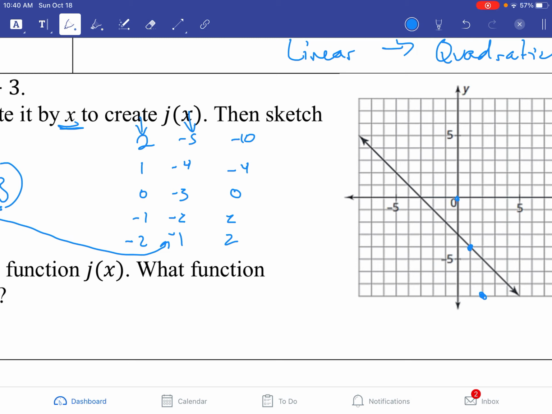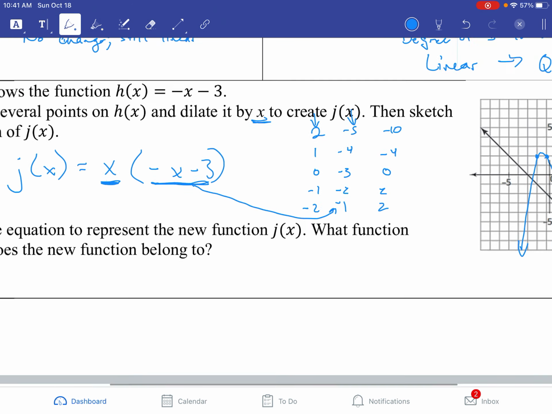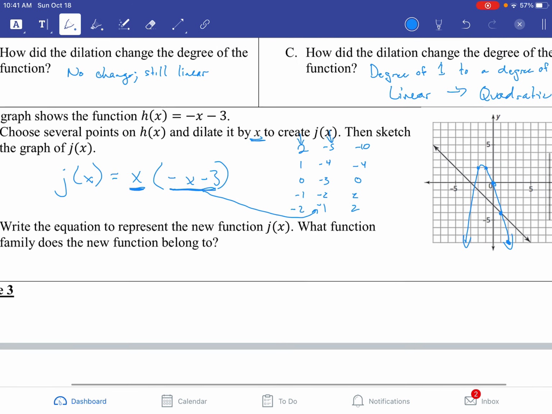We have 0 comma 0. Negative 1 comma 2. Negative 2 comma 2. So our graph is almost the same thing as before, but now it's going to be upside down. So that would be the graph.